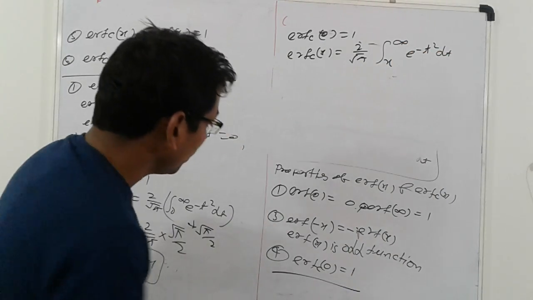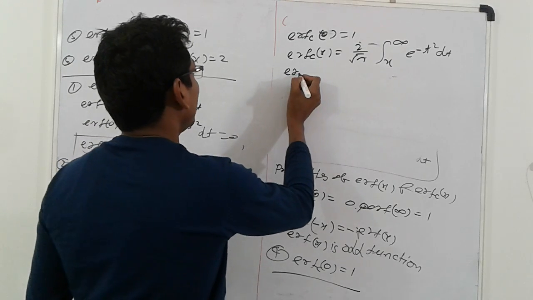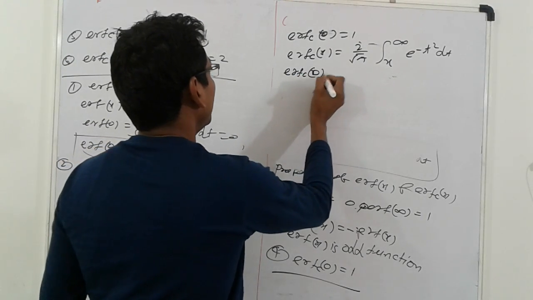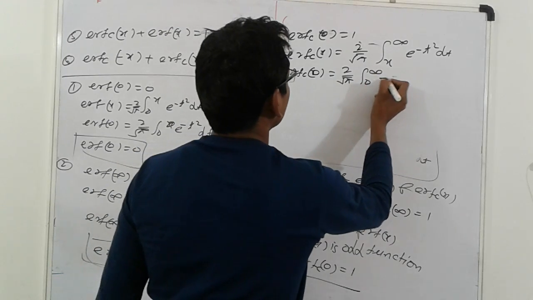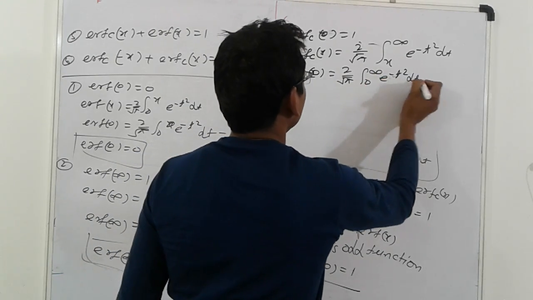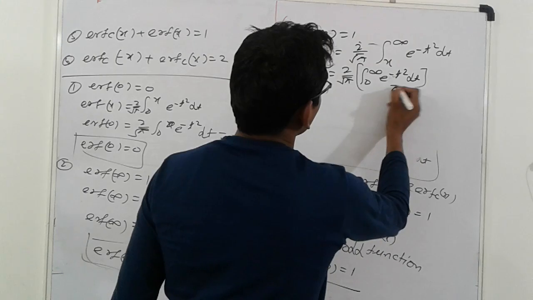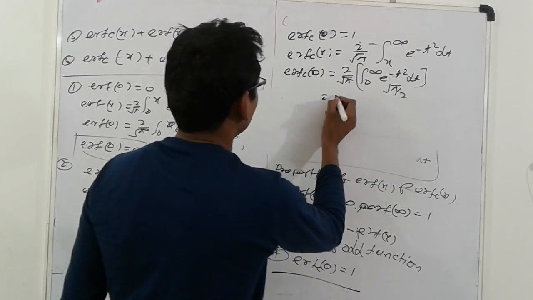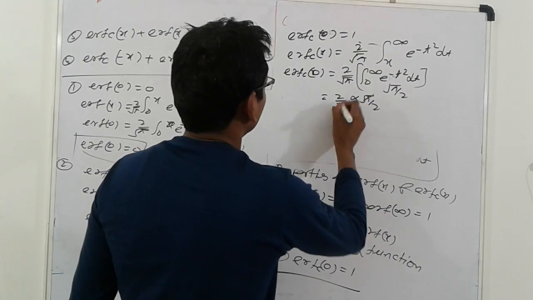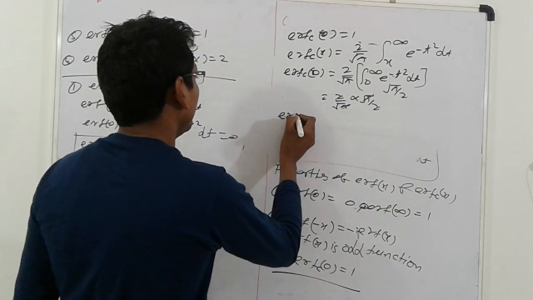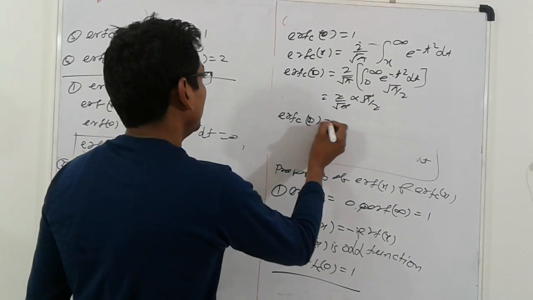So that is the value of this. So it means erfc of 0 equal to 2 upon under root pi, 0 to infinity, e raised to minus t square dt. So that value again is under root pi by 2. So 2 upon root pi, under root pi upon 2. Cancel. It means erfc of 0 equal to 1.